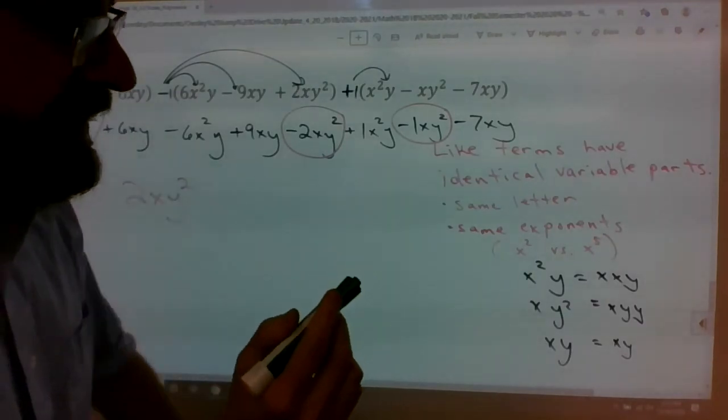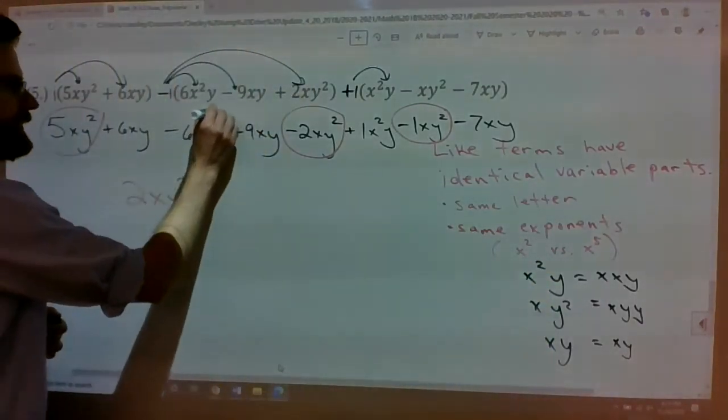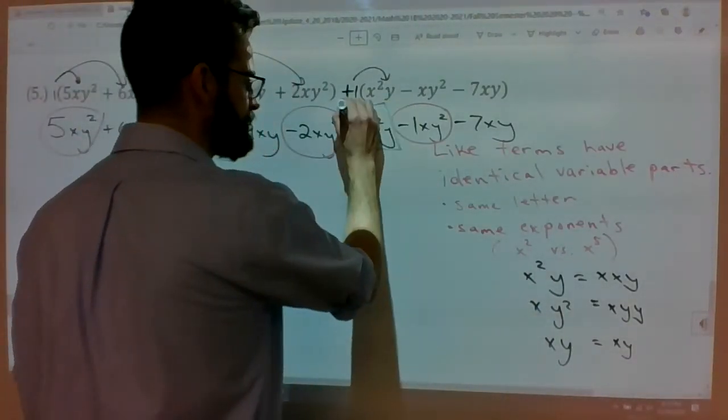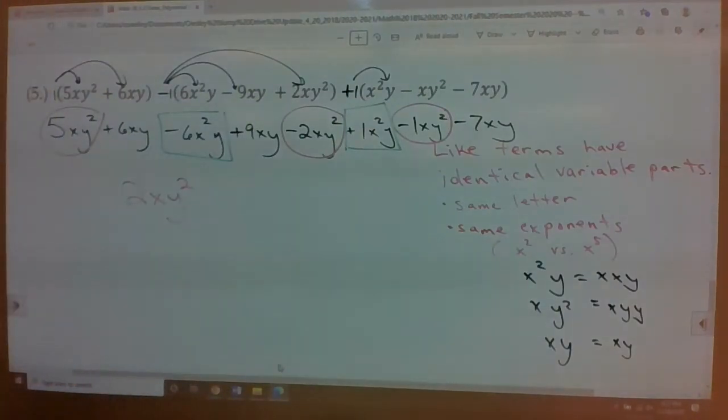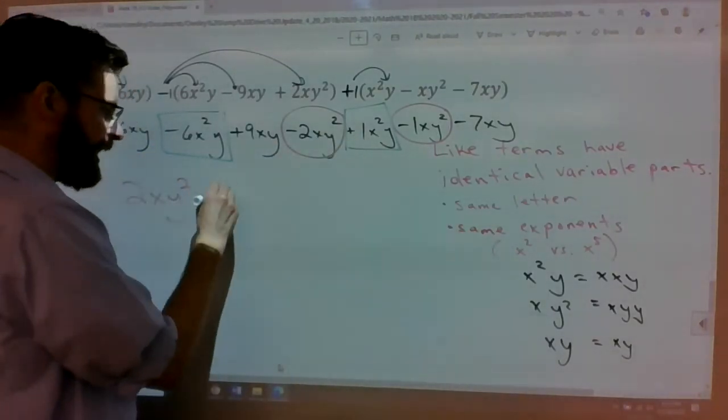Do that now with the x squared y's. So we got x squared y and x squared y. Negative 6 plus 1 is minus 5.